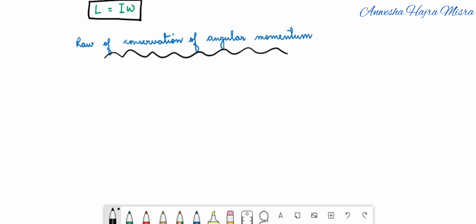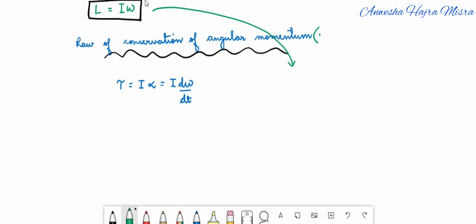Now, we had torque as I alpha or I d omega by dt. And from here we have angular momentum L as I omega.